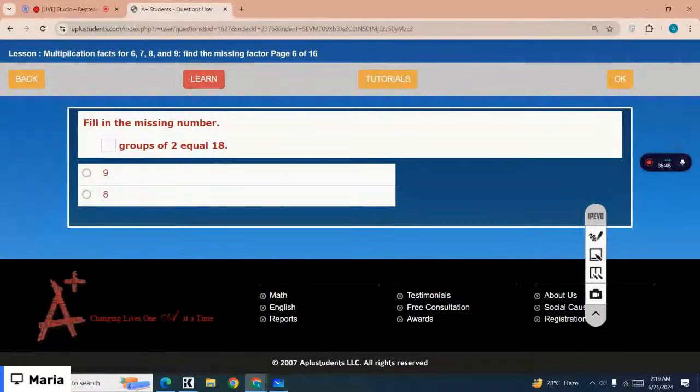Fill in the missing number. How many groups of 2 equals 18?